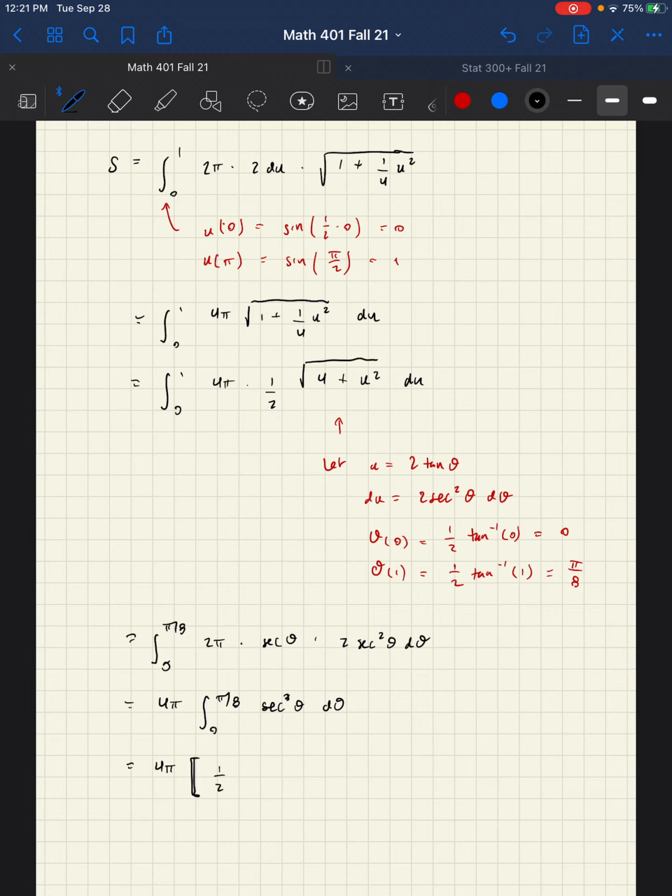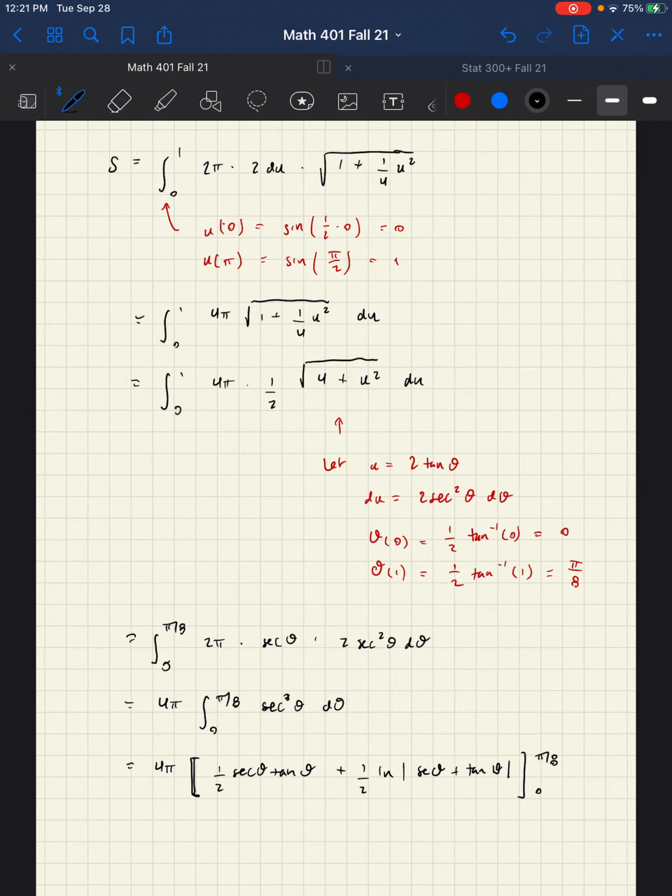Secant cubed of theta integrated yields 1/2 secant theta tangent theta plus 1/2 natural log absolute value of secant theta plus tangent theta, evaluated from 0 to pi over 8.